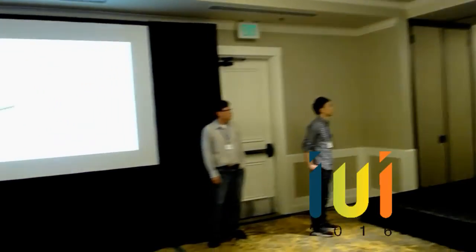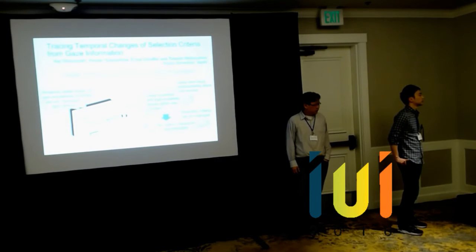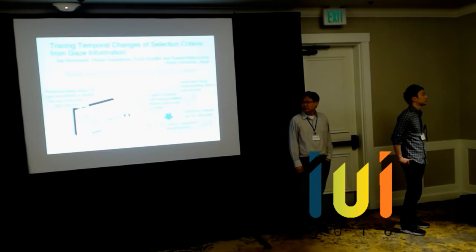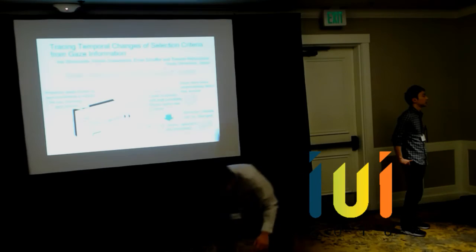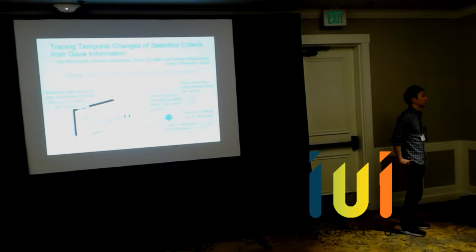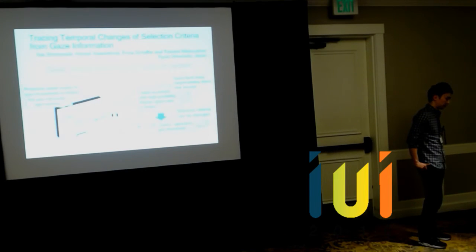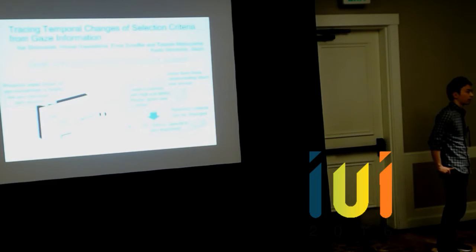Hello everyone. The goal of my research is to build interactive decision support systems. When we want to select one candidate from many alternatives, we sometimes have only a fuzzy understanding of what we want. In such situations, the system can estimate our selection criteria from gaze behaviors and proactively support us.